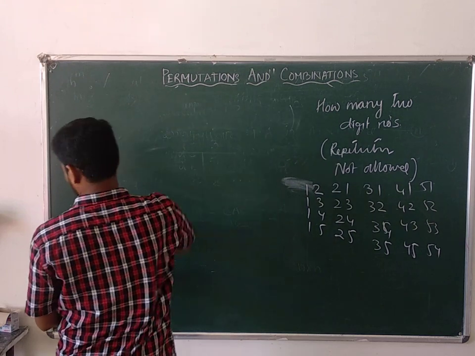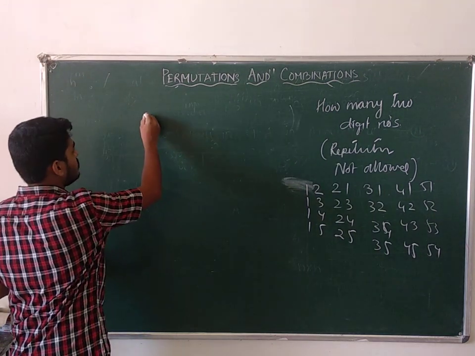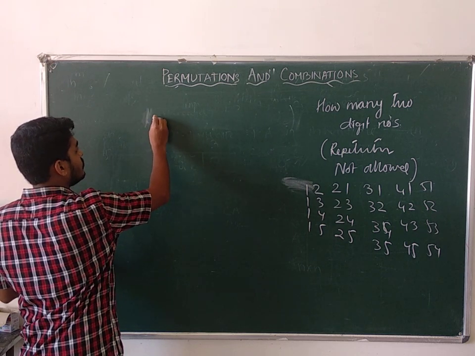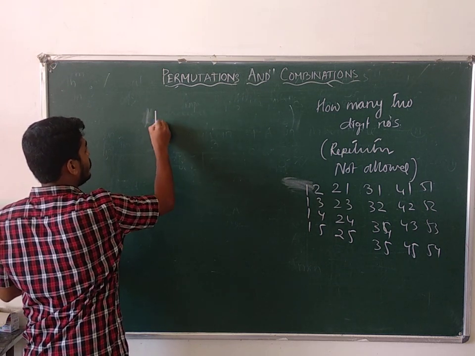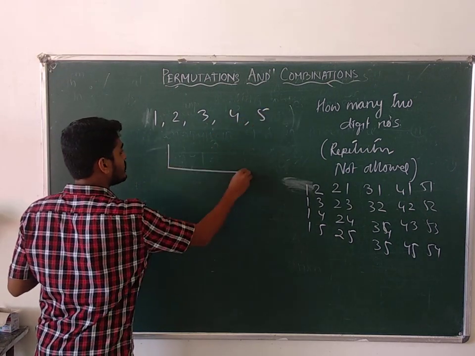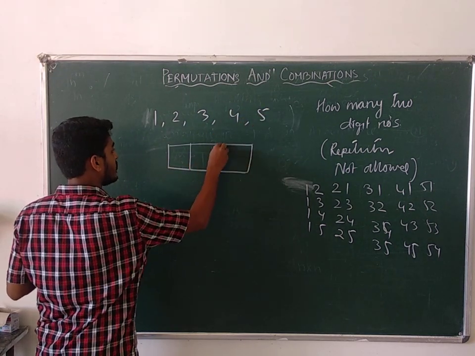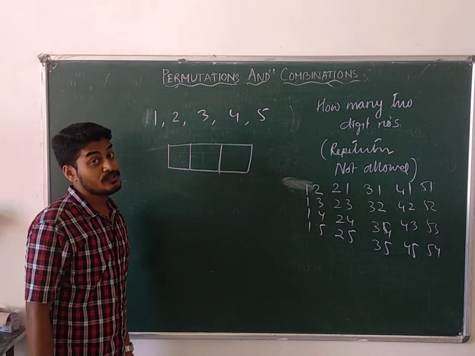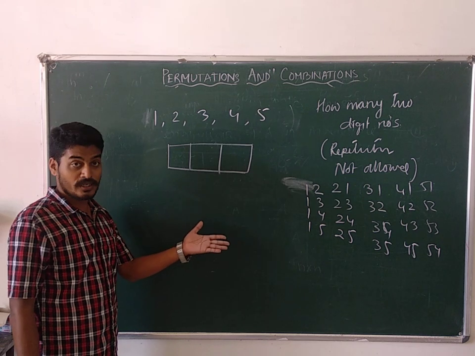So let us consider one other example. Just try to get my point. Suppose we have the digits 1, 2, 3, 4, 5. How many 3-digit numbers can be formed? 3-digit numbers, where repetition is not allowed.